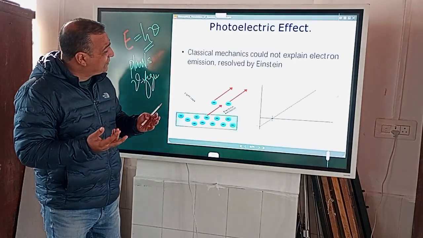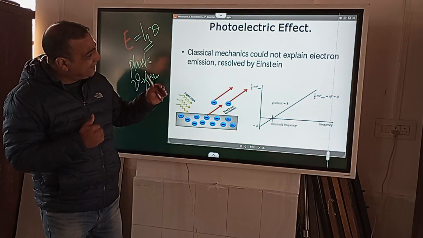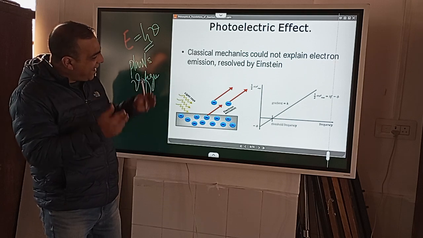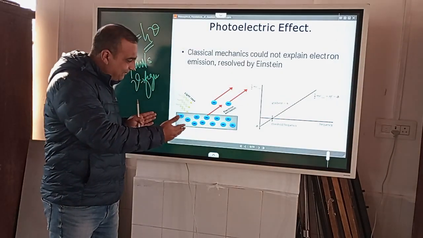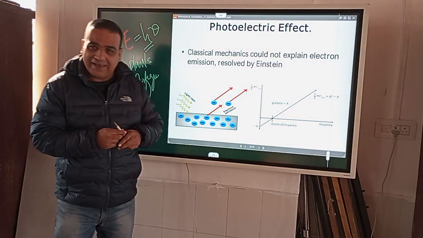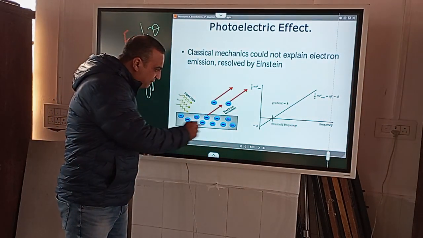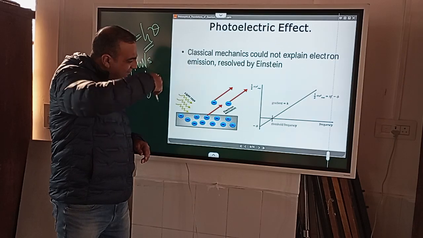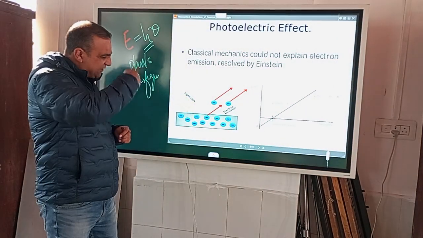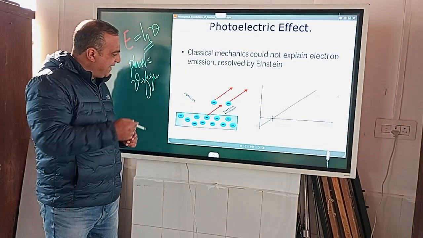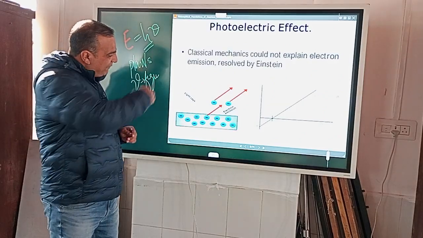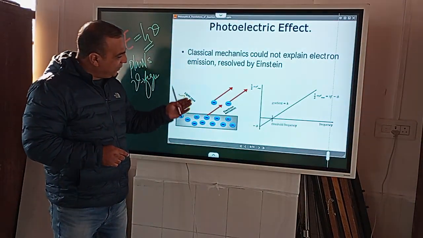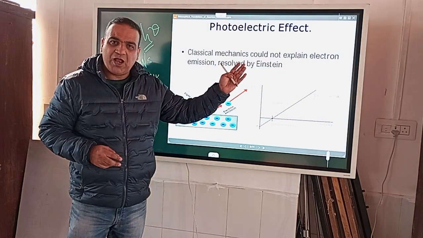So classically, if classical mechanics, if Newtonian physics is applied to a phenomenon like the photoelectric effect, if you have some kind of photosensitive metal and you bombard this metal with some specific type of radiation, say ultraviolet rays, when ultraviolet rays fall on this metal, you have emission of electrons.